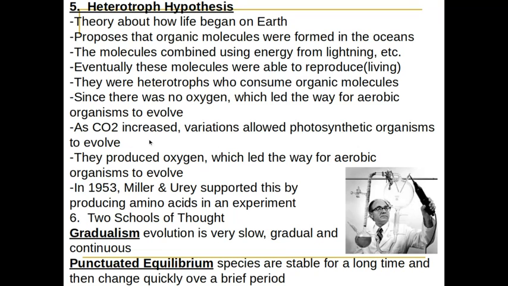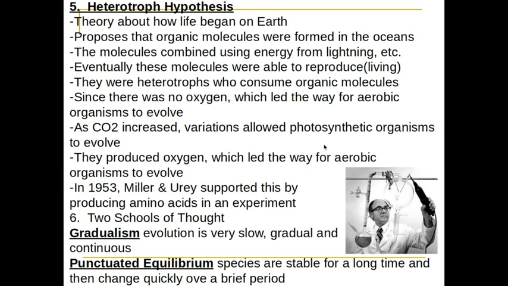And so as CO2 levels increased, or in some cases decreased in different scenarios, these variations allowed for photosynthetic organisms to evolve. Those photosynthetic organisms would produce oxygen because there were high levels of carbon dioxide in the primitive environment.